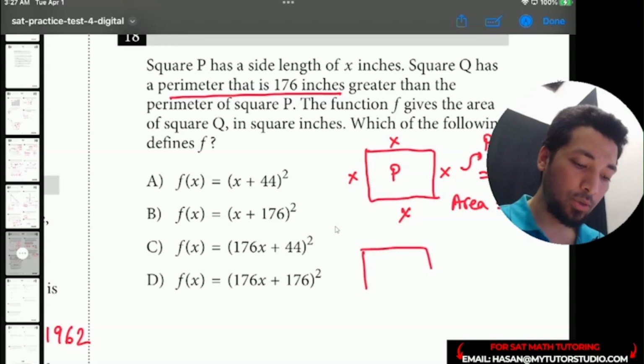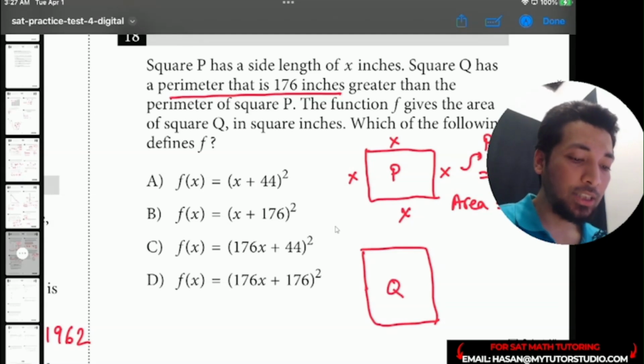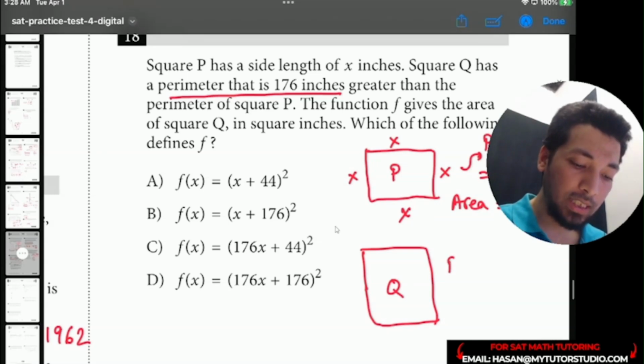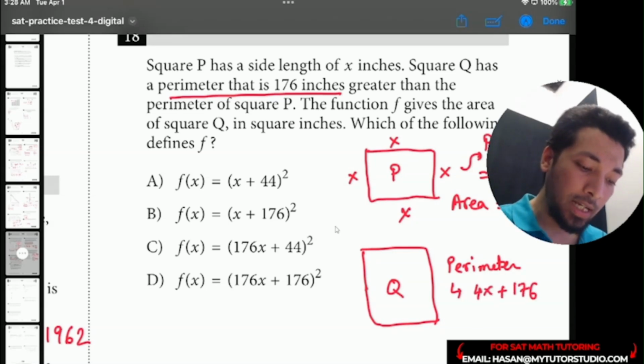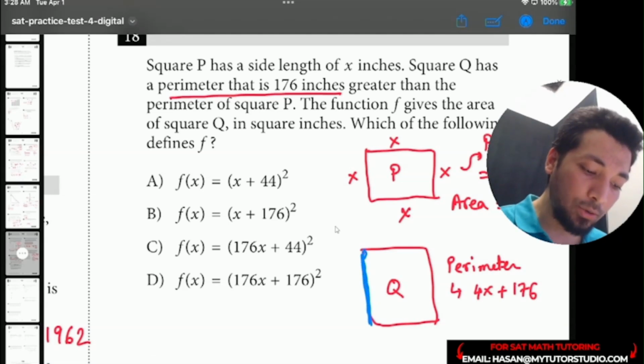Now, if you go to square Q, the square Q has a perimeter that is 176 inches greater than the perimeter of square P. So this perimeter is 4x plus 176. That's the perimeter of square Q. Now, if you want to find the side length of Q, I need to divide this perimeter by 4 because all these 4 side lengths are the same.